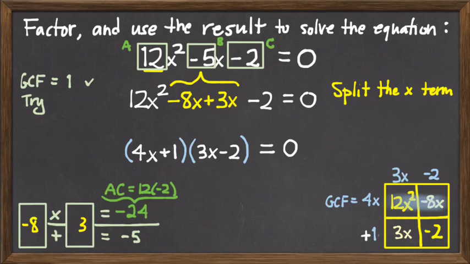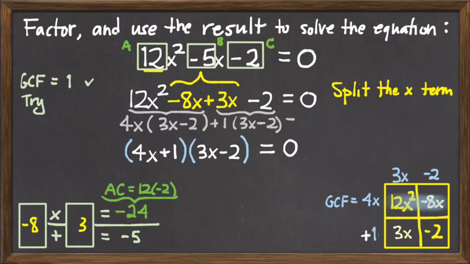But what the factoring by grouping step will often look like is you'll look at the first pair of terms and the last pair of terms, and you'll factor out their respective greatest common factors, which in the first case is 4x times 3x minus 2, and in the second case is 1 times 3x minus 2.